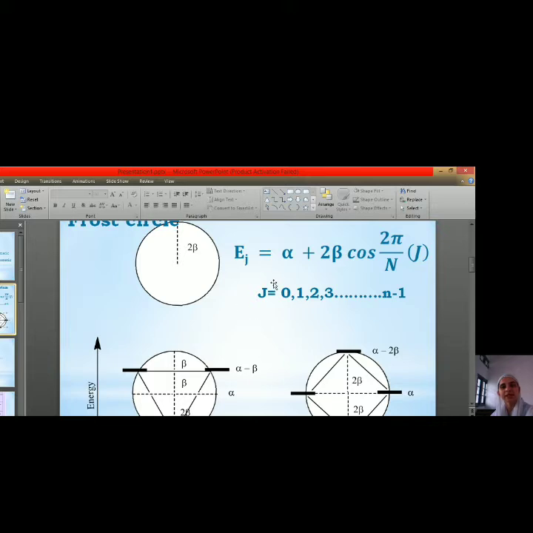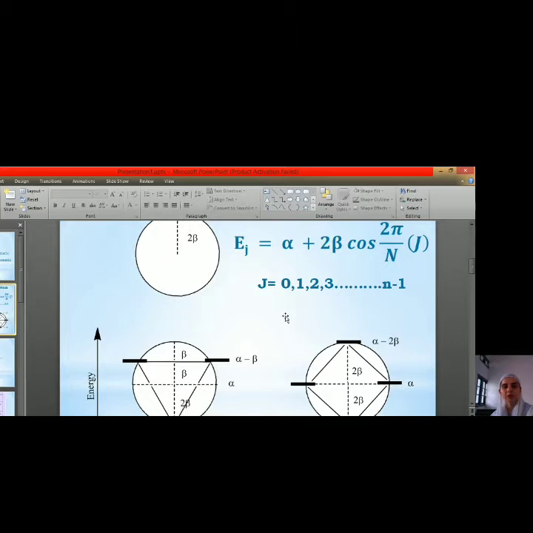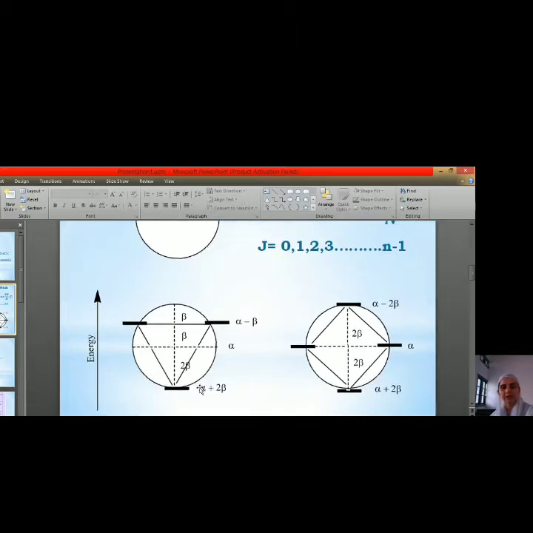The j value for the lowest orbital is j equal to 0, in contrast with the linear conjugated system. For example, j is 0 for this lowest lying orbital and j is 1 for these two degenerate orbitals.